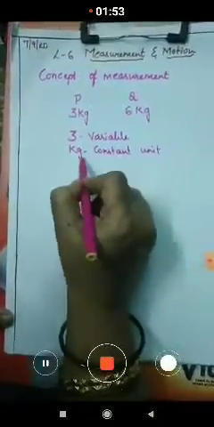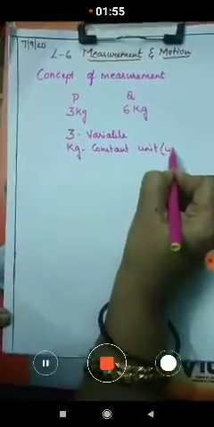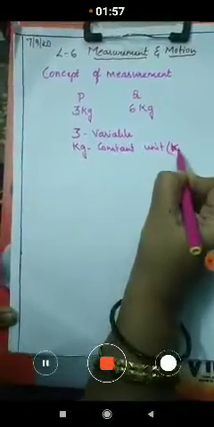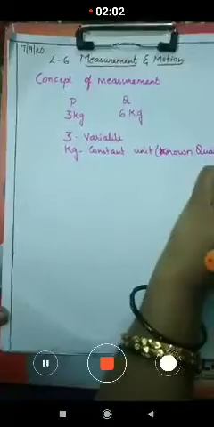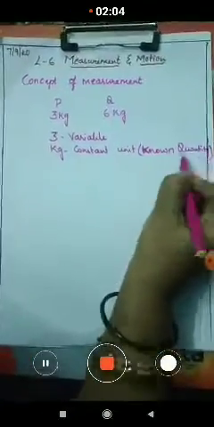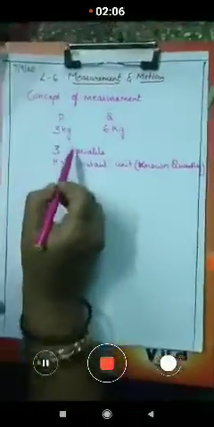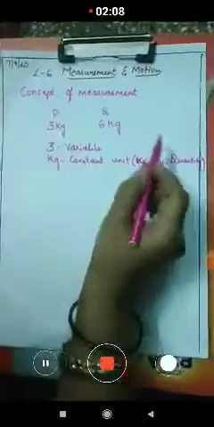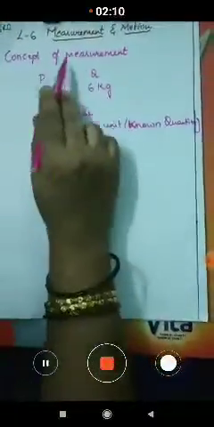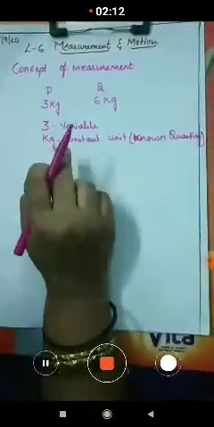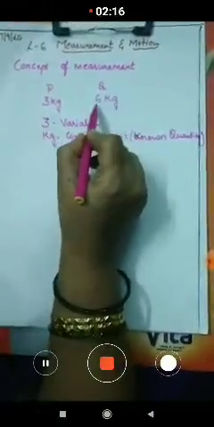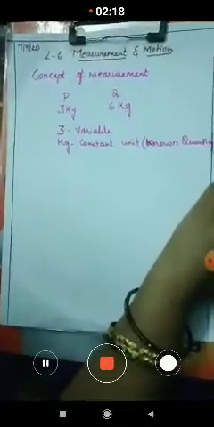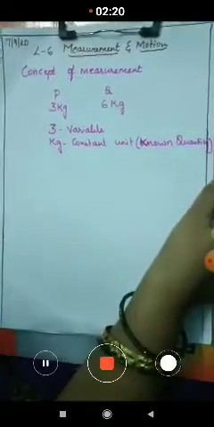So this is the known quantity, sorry children, and this is the unknown quantity. So we are comparing the known quantity with the unknown quantity. Measurement is a process of comparing the known quantity with the unknown quantity. Yes, this we have learnt in the last class.